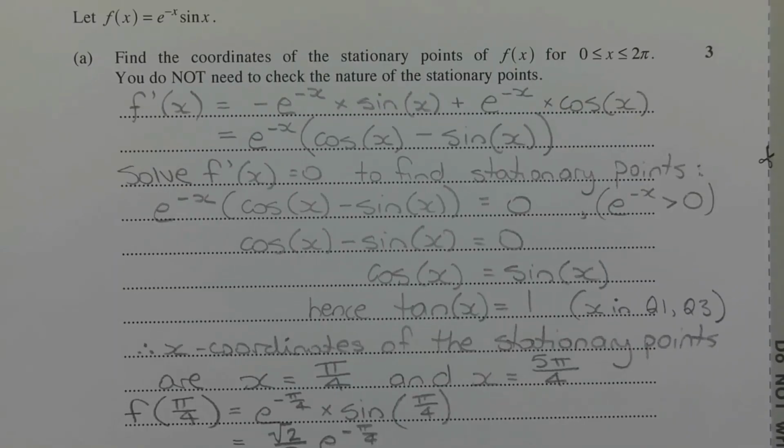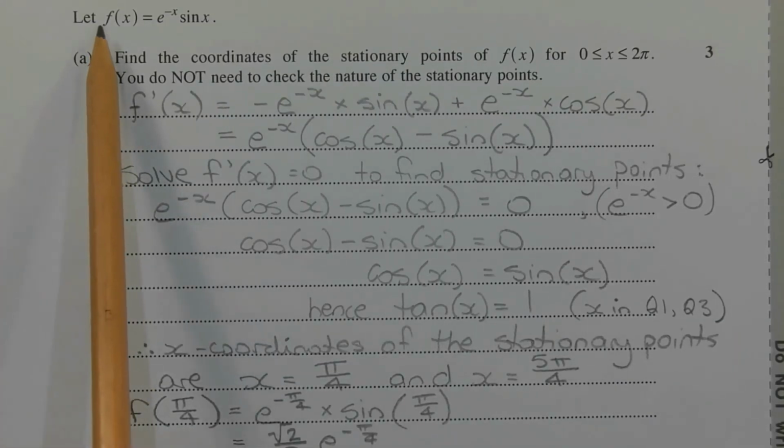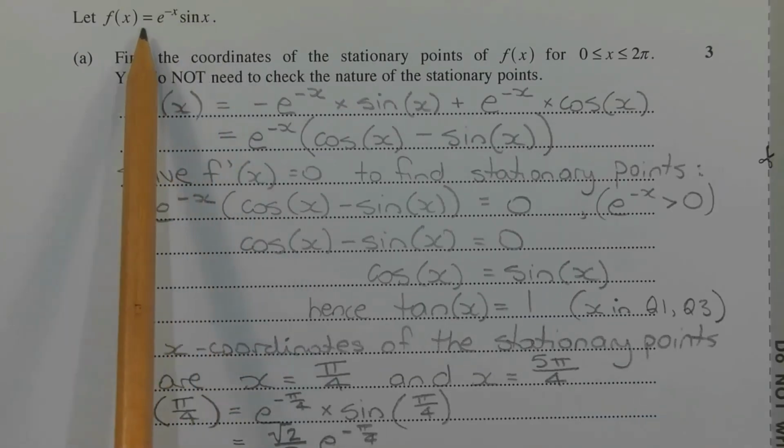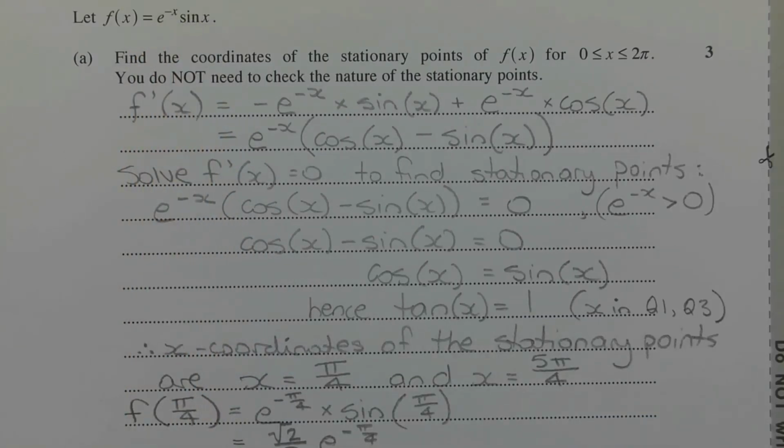The first thing we need to do is to differentiate f of x with respect to x. Now f of x is equal to e to the power of negative x times sine of x. These are two functions in x being multiplied together, so the product rule will need to be applied to find f dash of x.